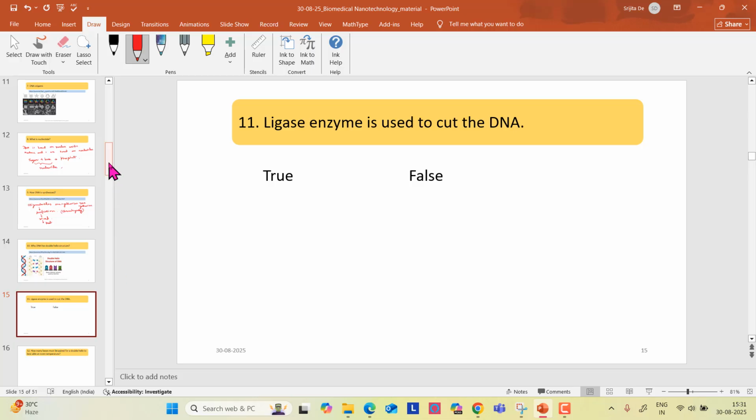Then comes the question: ligase enzyme is used to cut the DNA. Is it true or false?